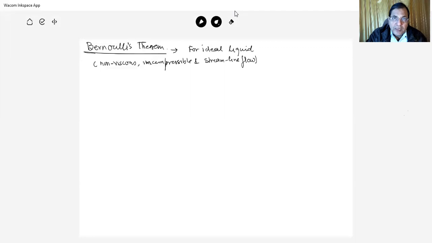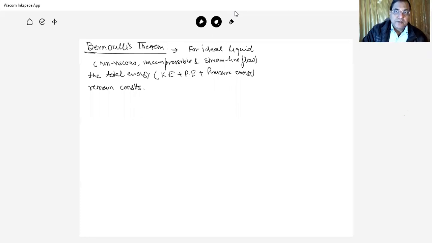For a streamline flow of ideal liquid, the total energy, kinetic energy plus potential energy plus pressure energy, remains constant. So if we have the diagram, it is something like this.